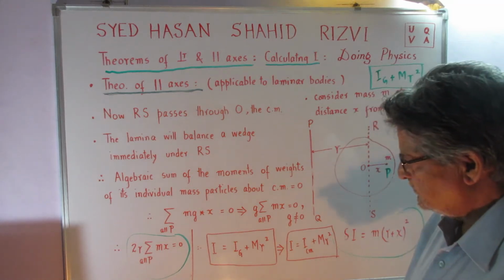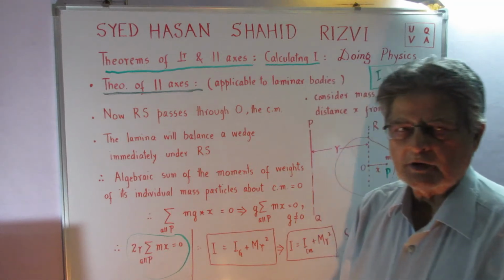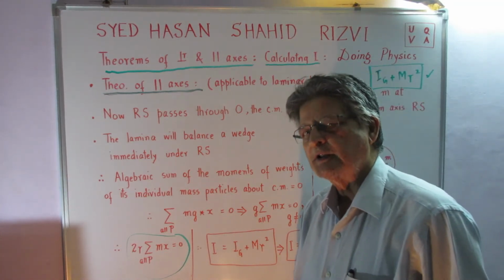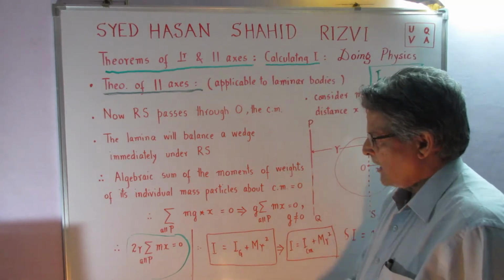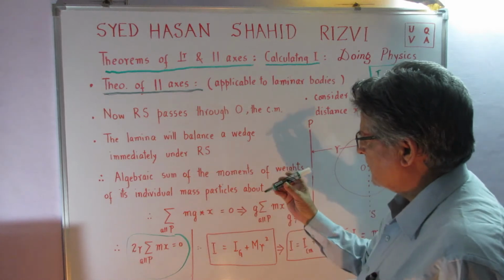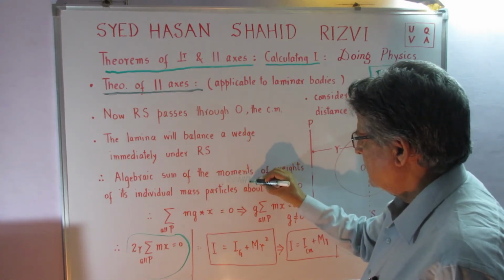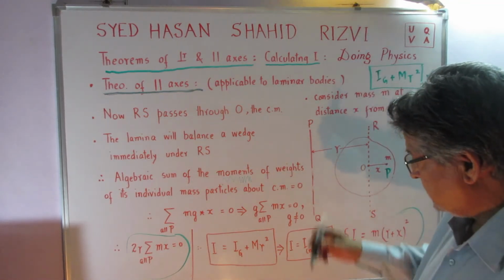What does that mean? It means that the algebraic sum, what is an algebraic sum? When the quantities are plus and minus both, then the sum is called an algebraic sum. Algebraic sum of the moments of the weights. This moment is the moment of a weight.